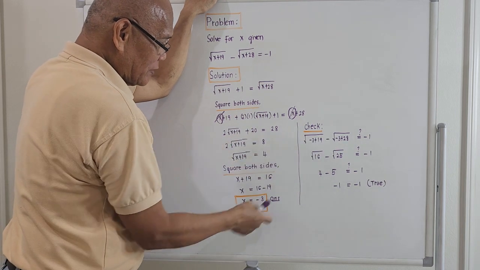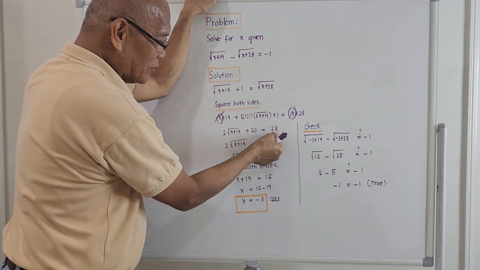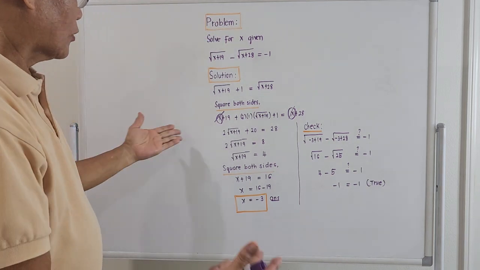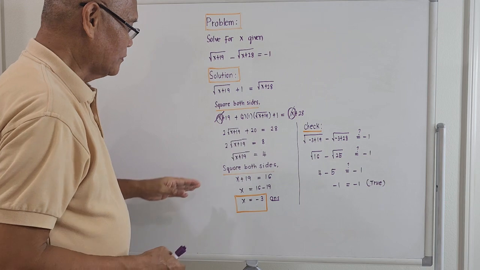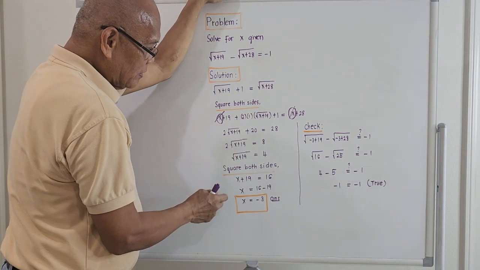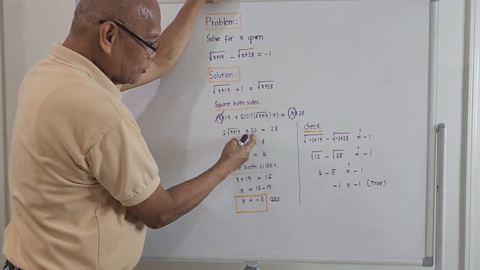And for the right hand side, since we cancel out the x, what remains is simply 28. Rules of algebra: try to maintain the unknown on the left hand side. So twice the square root of x plus 19, and this 20 here we put on the right. So 28 minus 20 will be 8.